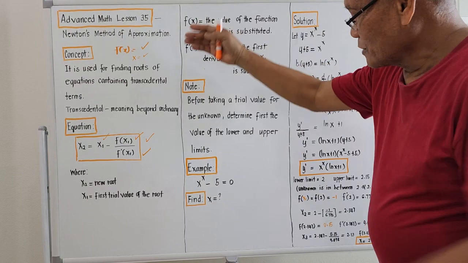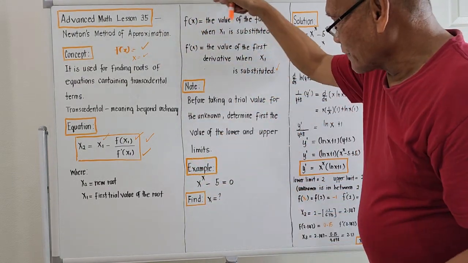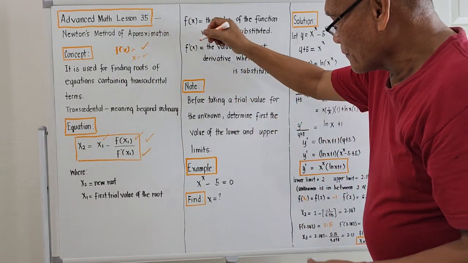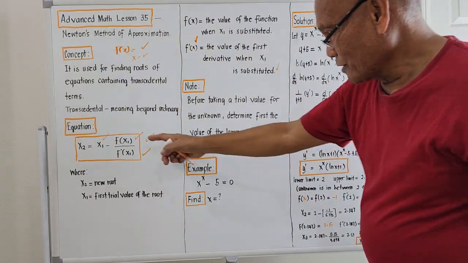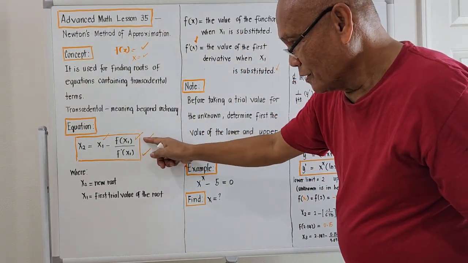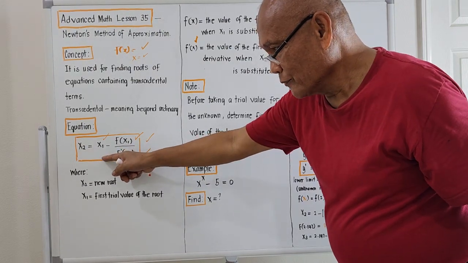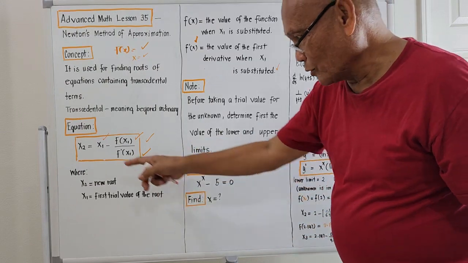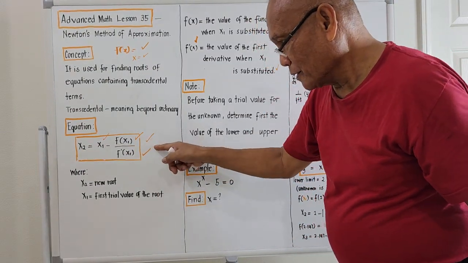We put x1 to that given function, we could compute for f of x. We put x1 for that f prime of x, we could compute for f prime of x. So just take the ratio of this, you subtract it from the original x1. So the nearer perfect solution to the unknown is actually x2, and we could compute for it.